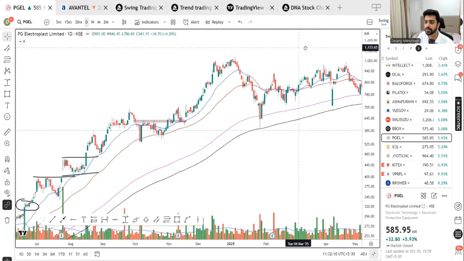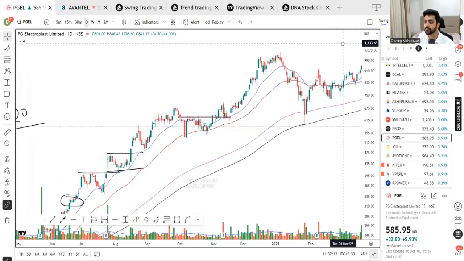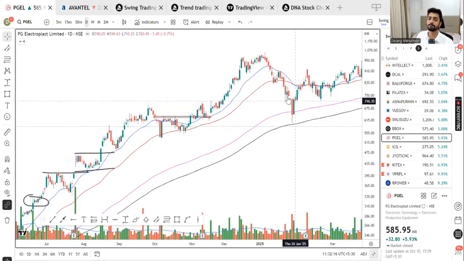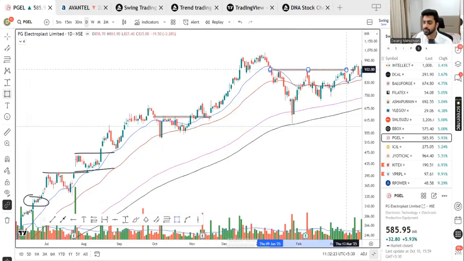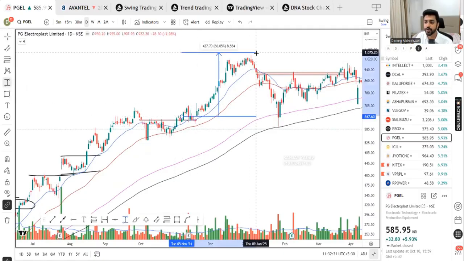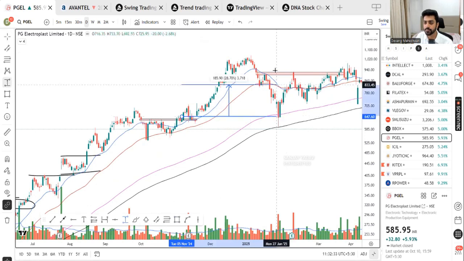Now which kind of base is this looking up here? Look up till here. This is an up down base. You have majority price action on the lower side from the high. Okay, this is your complete up movement and fully given back.